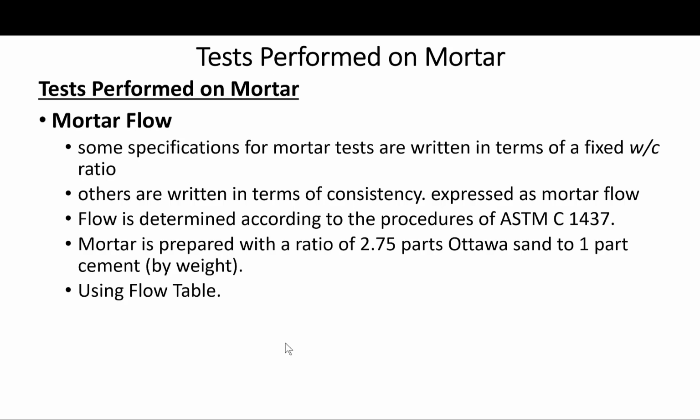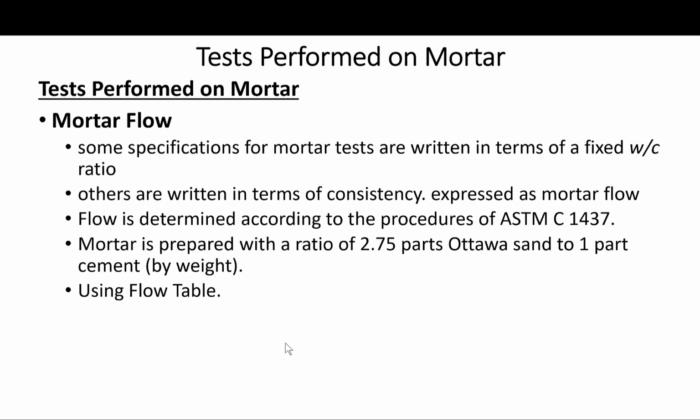So the mortar flow. As with cement paste, many of the properties of mortars depend on the consistency or the water cement ratio. While some specifications for mortar tests are written in terms of a fixed water cement ratio, others are written in terms of consistency. The consistency of mortars is expressed as mortar flow, determined according to the procedures of ASTM C1437.